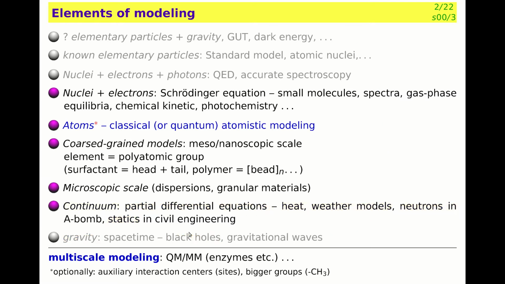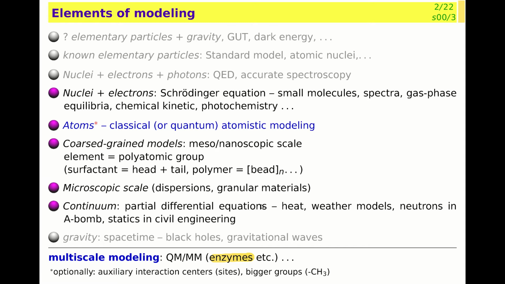Perhaps one more note here: we can also combine several levels into something bigger. A typical example which is often quoted is if we are interested in enzymes. Enzymes are big proteins, and they have an active center.